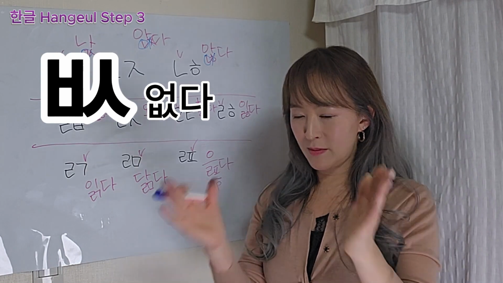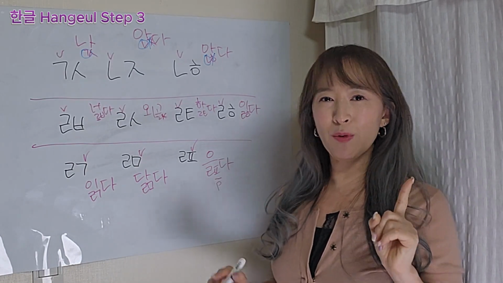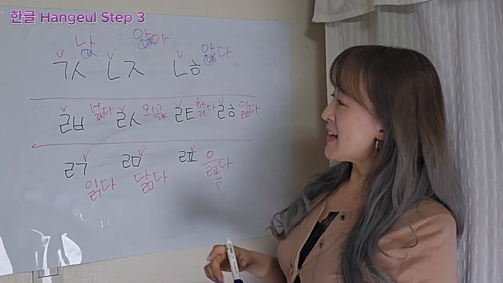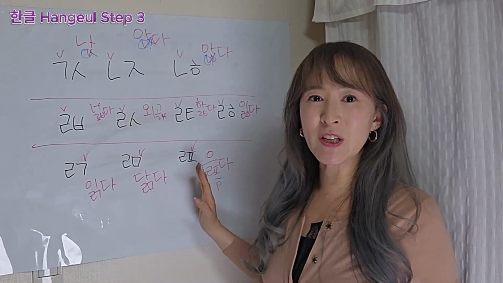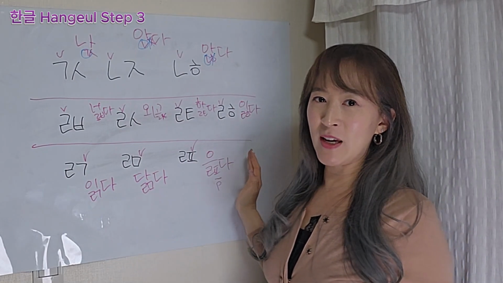So 없다, 없다. But I don't think you have to really worry about these that much yet if you're just beginning, because these fortunately are not used so much in Korean.